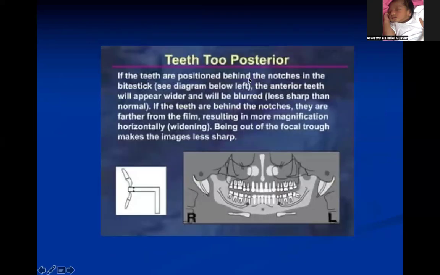If the teeth are positioned too far posterior, behind the notches in the bite stick, the anterior teeth will appear wider and blurred. It will be less sharp than normal. If the teeth are behind the notches, they are farther from the film, resulting in more magnification horizontally. That is a widened image. Being out of the focal trough makes the images less sharp.